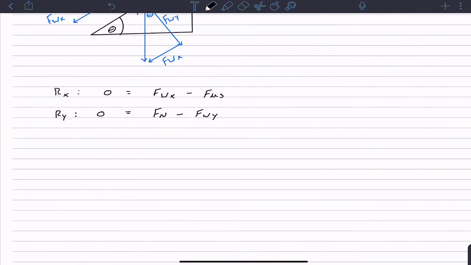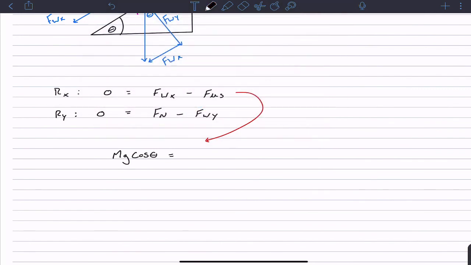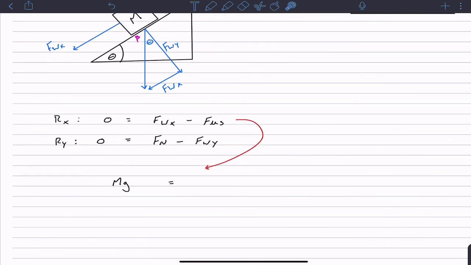Okay, so let's start setting some of this up. So now we have mg sine theta, this is the weight force in the x direction, because here's theta and this is sine theta, right?